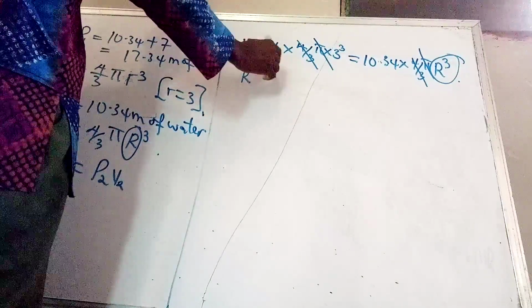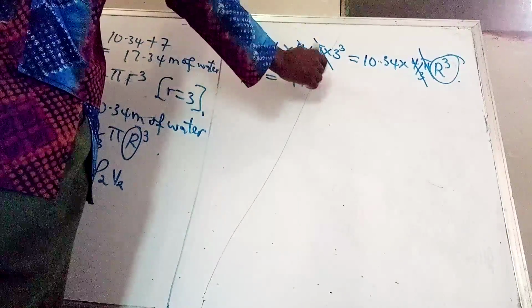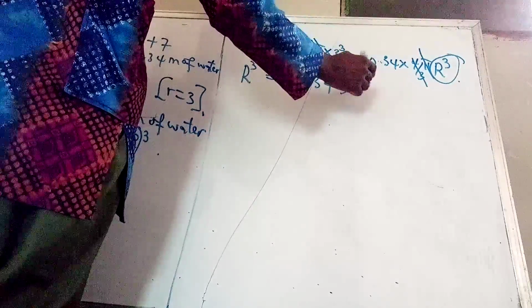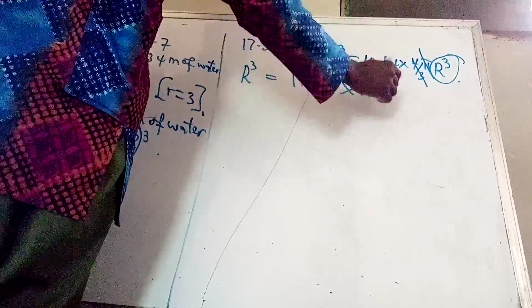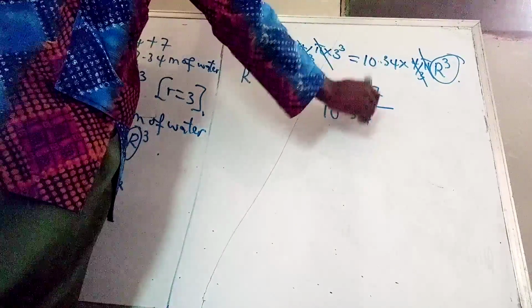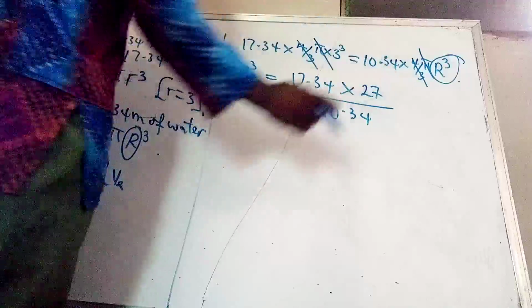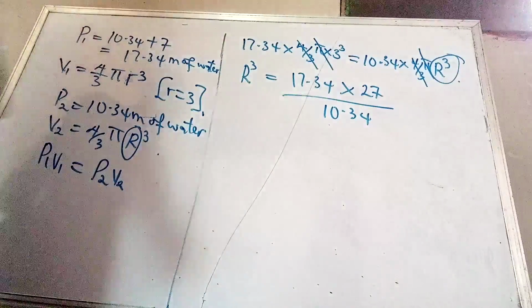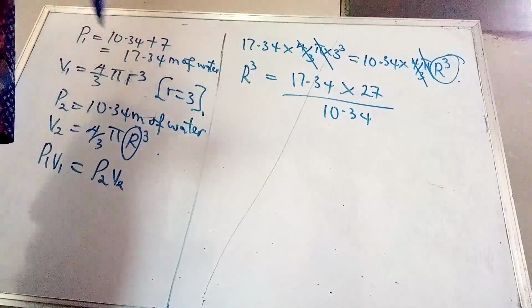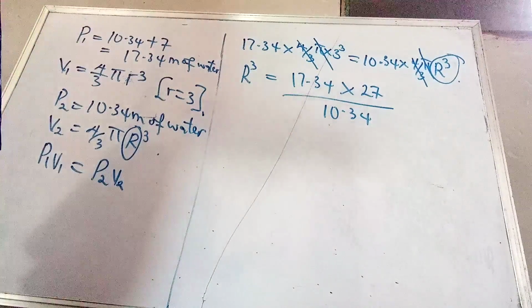R cubed now will be 17.34 times 3 raised to the power 3, which is 27, divided by 10.34.